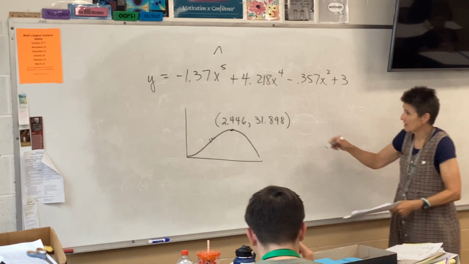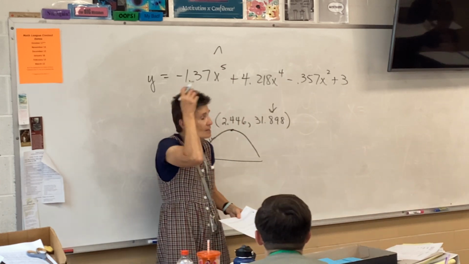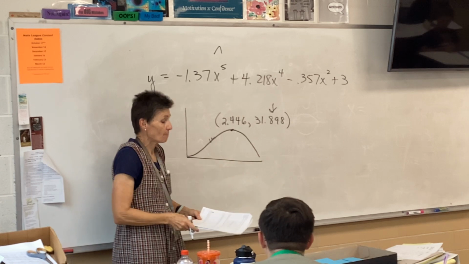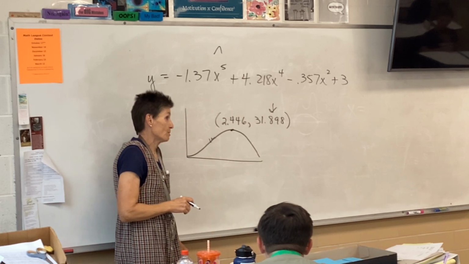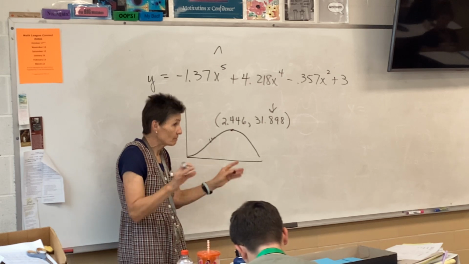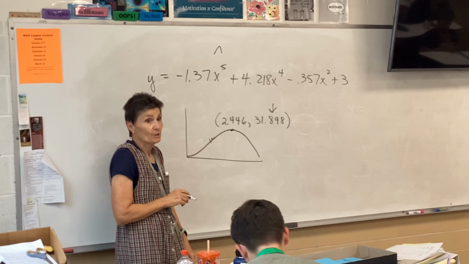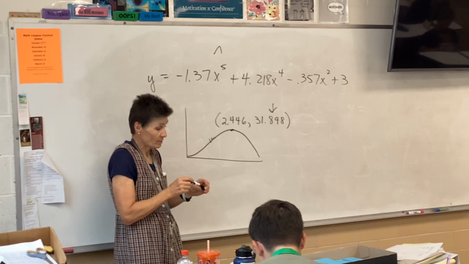What does this number represent? That's the number of cars. So the maximum number of cars in the parking lot is 31, the maximum I can fit, or the maximum people that park in that lot. You okay with that? Everybody okay?